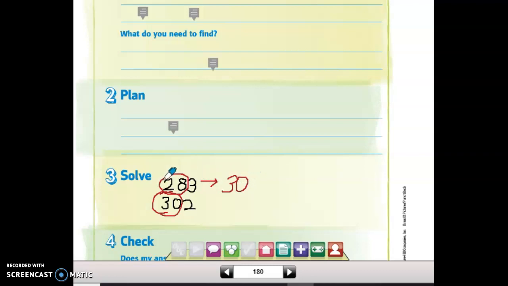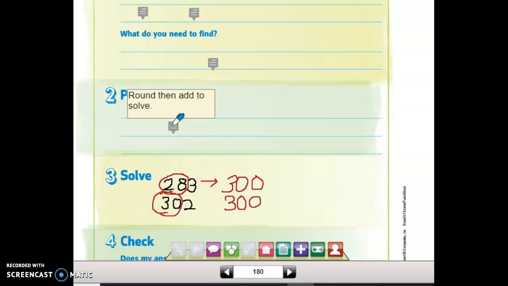And to keep it in the hundreds place, that 3 has to go to 0. Now I've got 30. That's not going to round up to 40. That's going to stay at 30. And that 2 also goes to 0.